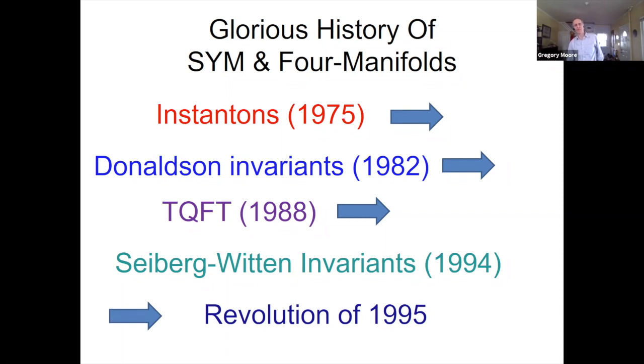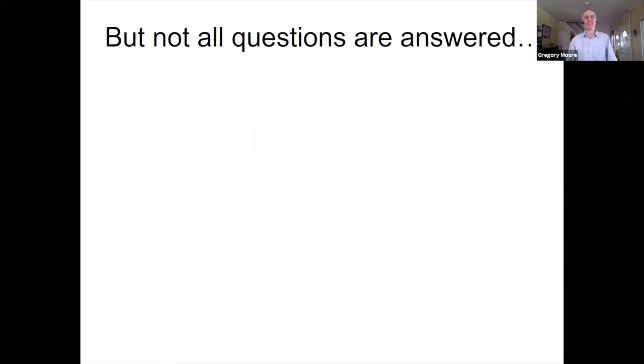And here I'm not talking about the string theory revolution of 1995. I'm talking about the revolution of four-manifold theory of 1995. And it was so dramatic that I think it left many physicists with the impression that all problems in four-manifold theory have been solved by the physicists. But that's really not the case.